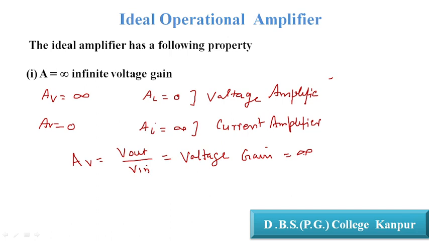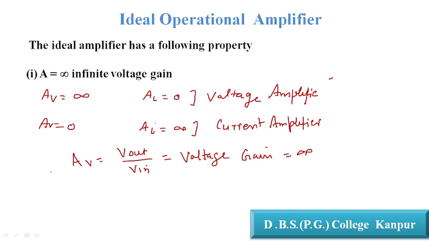We need to maximize the gain. If an amplifier has a voltage gain of 10, it means the output is 10 times the input. This is a very important property for all voltage amplifiers and also for the operational amplifier. If an ideal operational amplifier is called ideal, then its gain should be infinite.